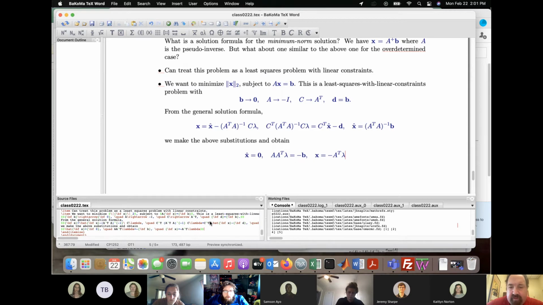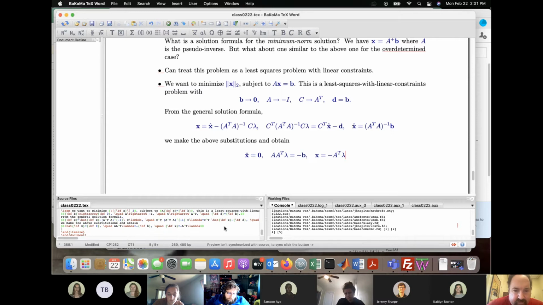Now what I can do is solve this equation for lambda, and then put that expression for lambda in here.